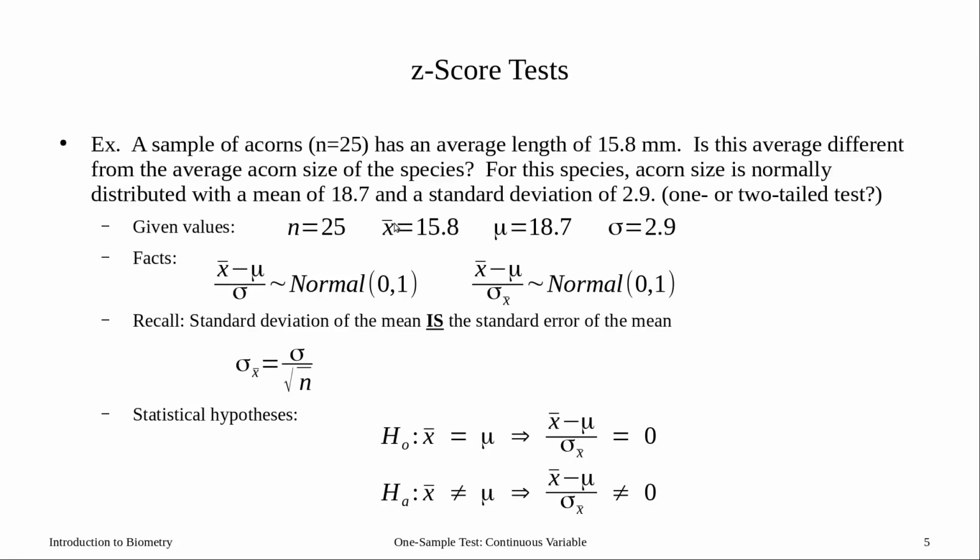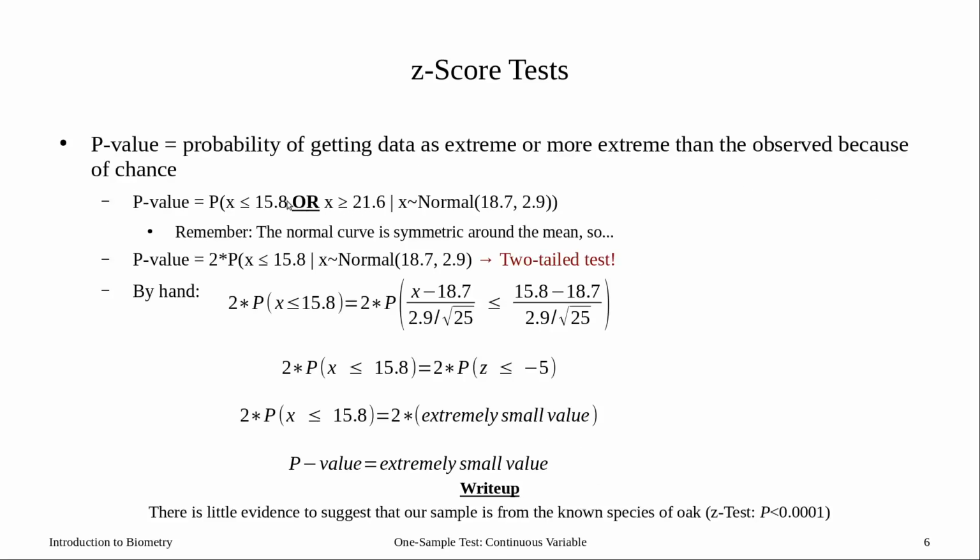Well, we start with the x bar, 15.8. That is less than our population mean. So we want to know how likely is it that we're going to be 15.8 or farther than our population mean of 18.7. So we've got that. Now what about 21.6?